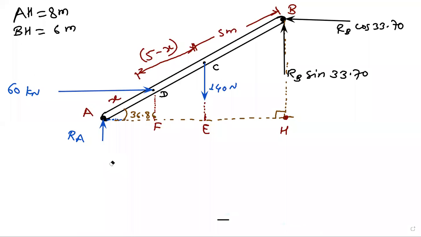Similar way, for horizontal force we require vertical distance. So DF is equal to x into sine of 36.86. Find out how much times x.